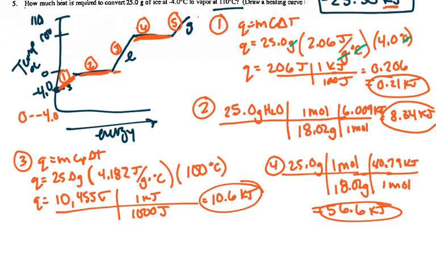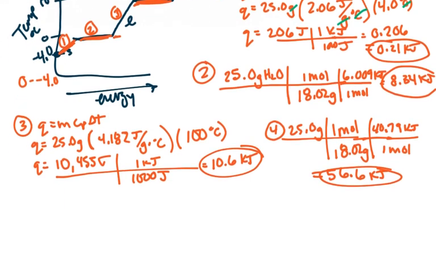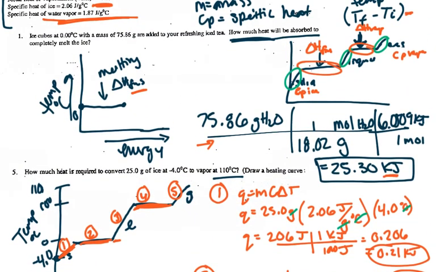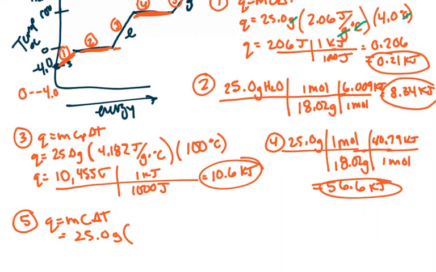And I still have this last equation here, my gas one. So equation number 5, again, it's changing in temperature, so I'm using Q equals MCΔT. So the mass, again, is 25 grams. The specific heat for the gas, the water vapor, is 1.87 joules over grams times degrees Celsius.